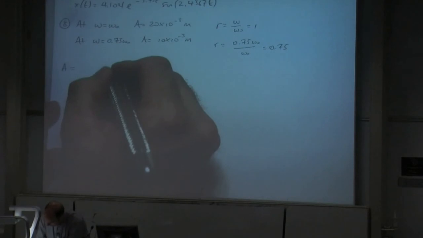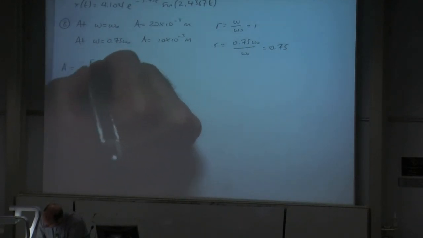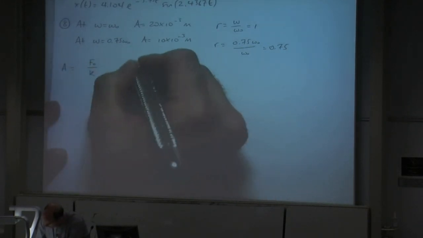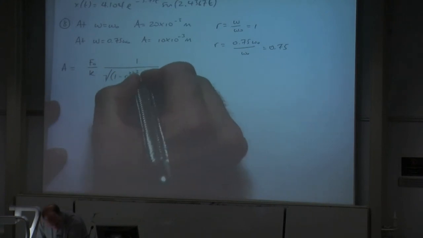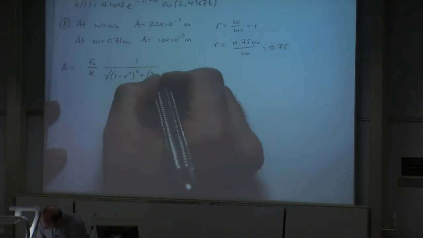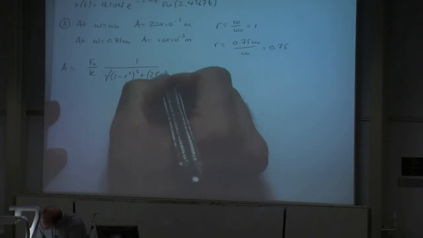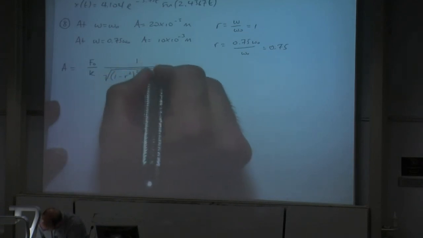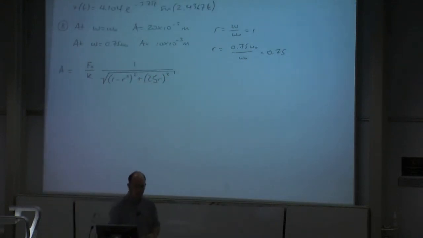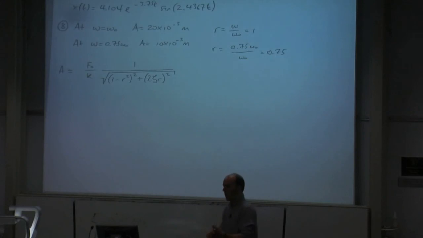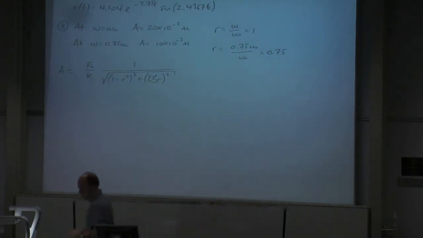A equals F naught upon K, so that's the static displacement, times 1 over the square root of (1 minus R squared) squared plus (2 zeta R) squared. And we've got A for when R equals 1, and we've got A for when R equals 0.75. So it's just a matter of plugging in some numbers.